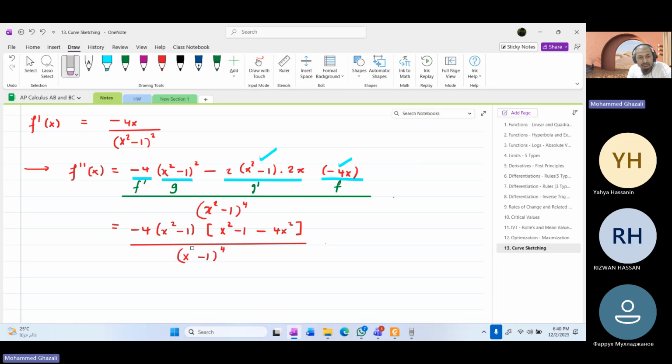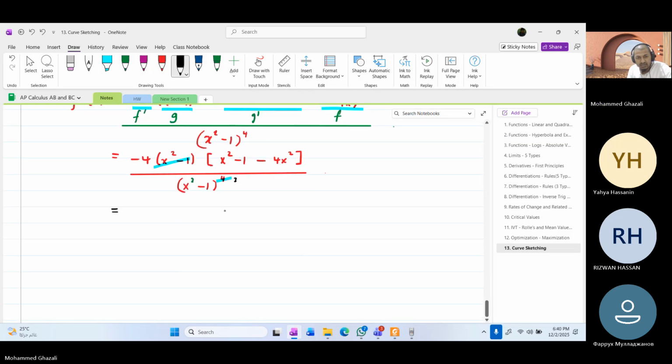Now, there was a reason why we simplified. It's because one of this and one of that can cancel out, so it becomes 3 in the denominator. And what are we left with on top? We're left with minus 3x squared minus 1, and now I'm going to take a 4 inside here.